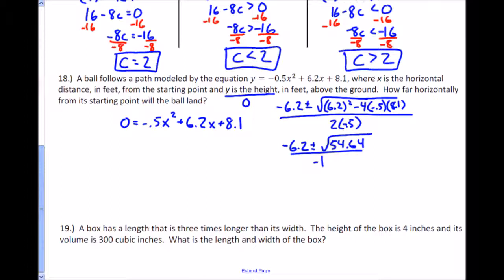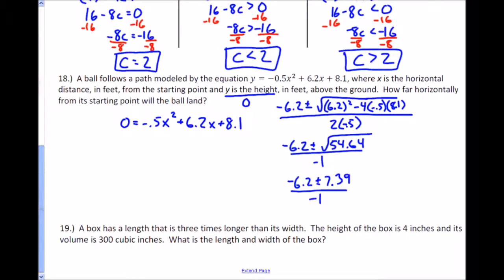The square root of 54.64 is going to give me 7.39. I'm just going to round that to 2 decimal places, plus or minus the 7.39 all over a negative 1. And I just have 2 things to do.